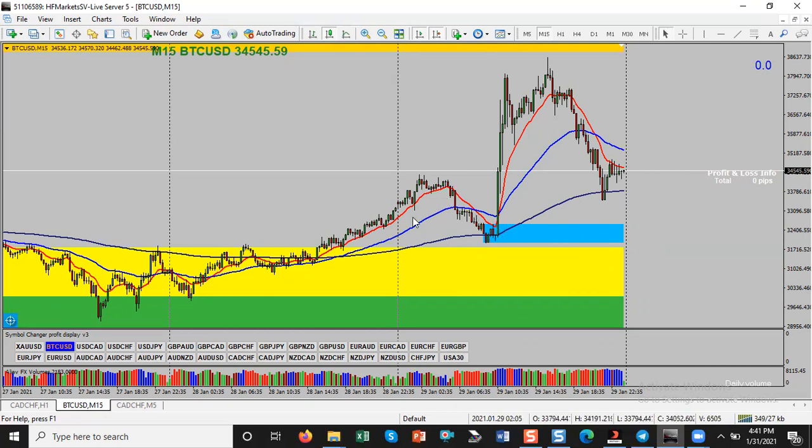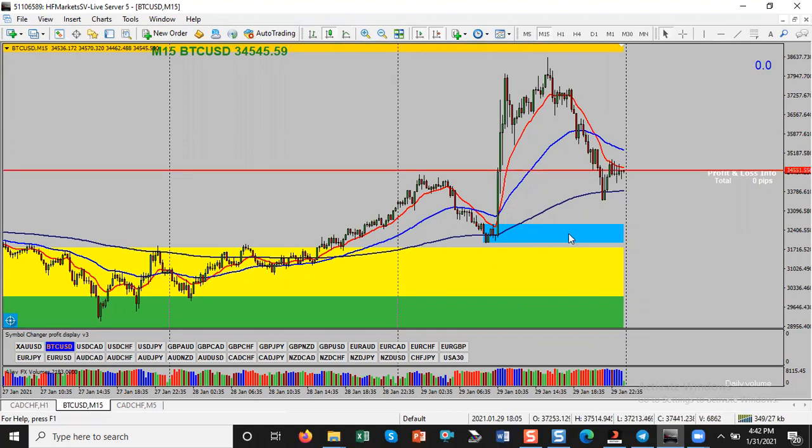If they are lined up, the 13 above 50, 50 above 200, there is a high probability that the trade will go well. You will see this zone come up when price has traded away from it. So at the middle or the close of this candle, you'll see the zone come up. That will be your entry point.